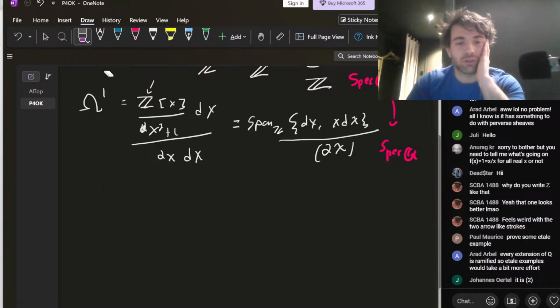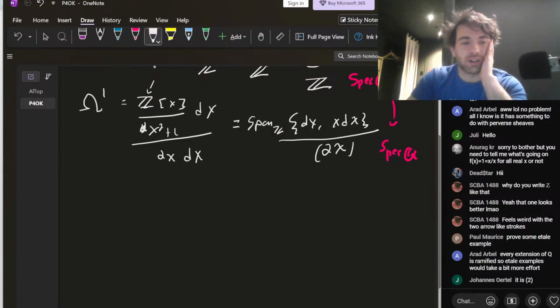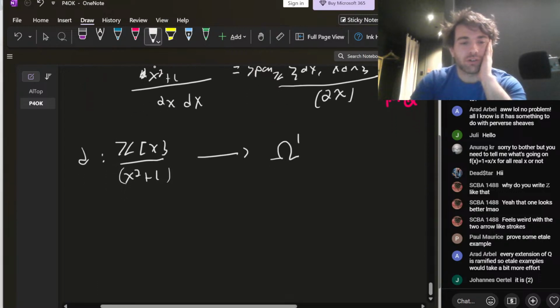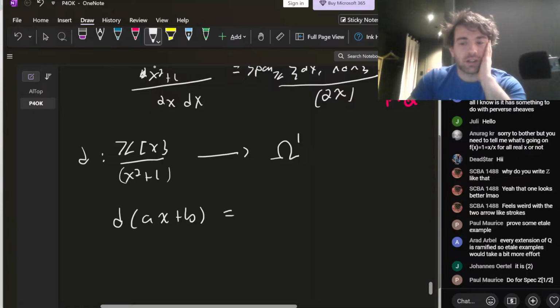I guess it's just going to be the usual thing, right? Because we're taking big O. So I guess our differential is just going to take a polynomial ax plus b and return a dx, right?